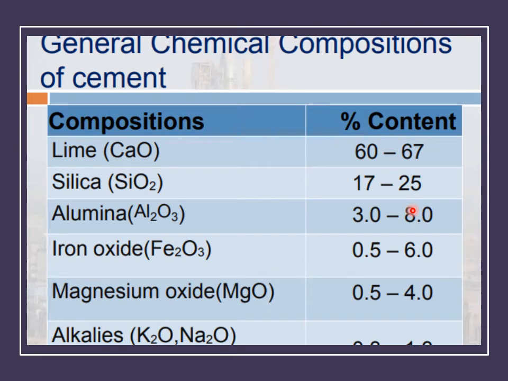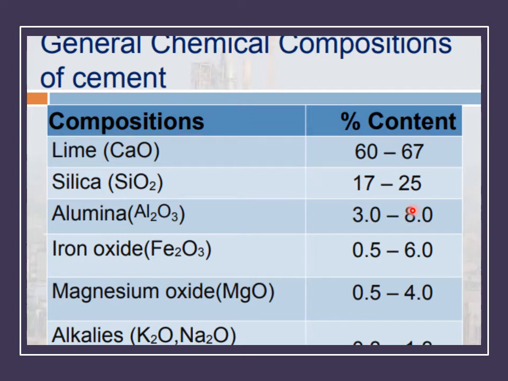So let's see the general chemical compositions of cement. Before that, we have seen three types of cement in my initial slides which are available in the market: 33 grade cement, 43 grade cement, and 53 grade cement. Now what exactly is 33 grade cement?